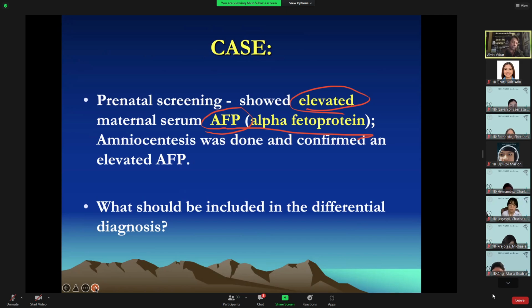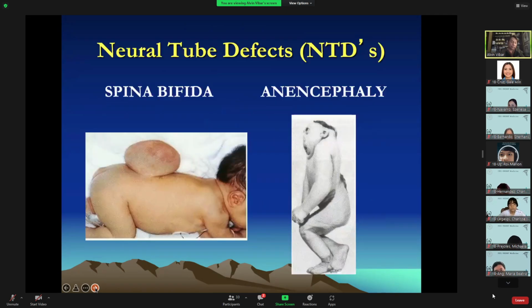This is usually associated with a congenital anomaly called neural tube defects, or commonly known as NTDs. We have two types: spina bifida and anencephaly. Later in the lecture, we're going to differentiate these two types of neural tube defects. You have to know the etiologies and the presentations.